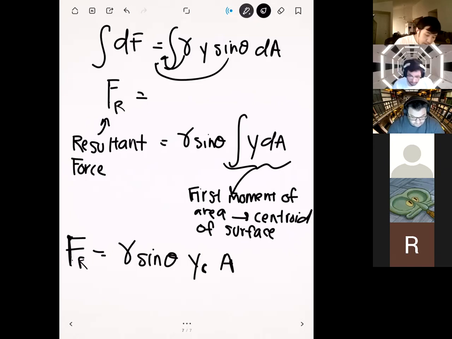What I basically did was replace this integral expression with Y_C, the y coordinate of the centroid, multiplied by the area. That simplifies the expression significantly, because now we don't have any integrals, and we simply have an algebraic expression right here.